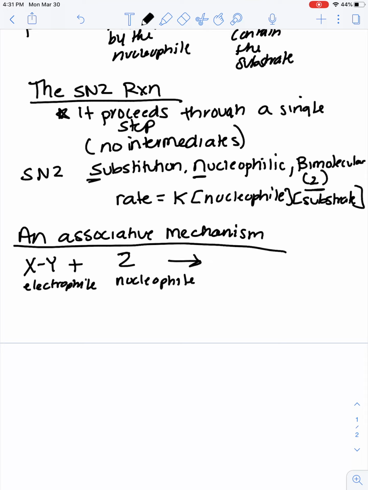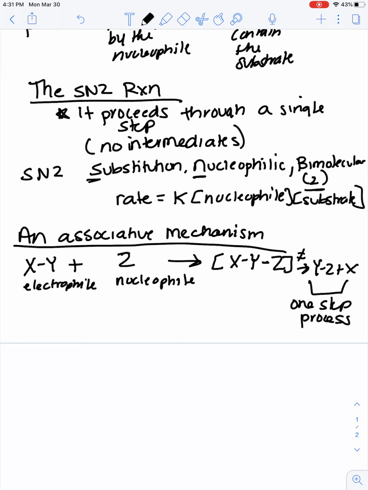What's going to happen is at our transition state, we are going to have X and Y, and then we're going to have a bond between Y and Z. So again, this is just our transition state. Our product would be YZ plus X. Again, this is going to be a one-step process. No intermediates will be formed.